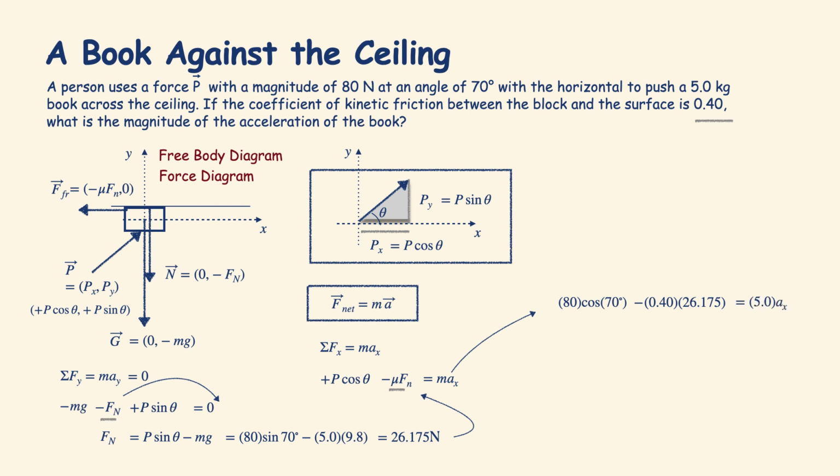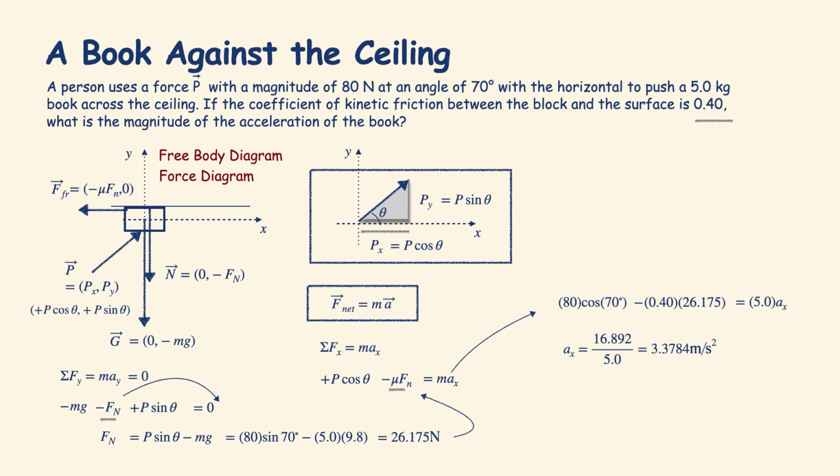And that all has to be equal to 5.0 kilograms, the mass of the book, times the x component of the acceleration. And so here it is, the x component of acceleration coming out to be 3.3784 meters per second squared.